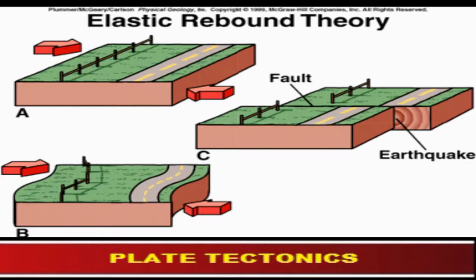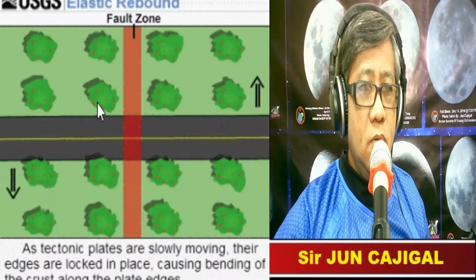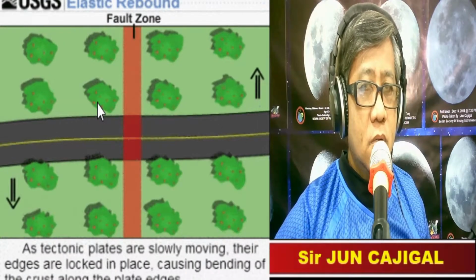And look at letter C, the rocks will eventually break. Okay? So, this is what we call the elastic rebound theory. And as the rocks break, it releases energy in the form of seismic waves. So that's how an earthquake occurs.